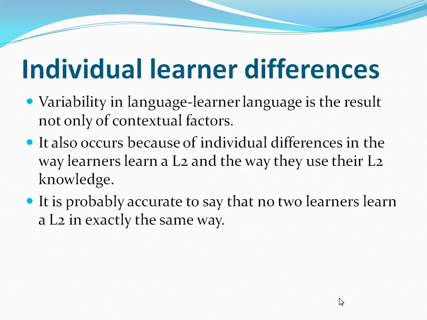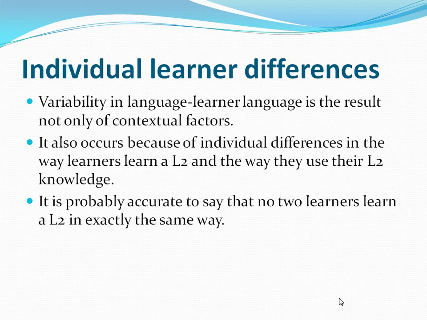Variability in language is the result not only of contextual factors. You can say that yes, it is variable, that means you are learning language in a class, that is the formal setting. Someone may learn a second language or third language watching YouTube videos, or watching movies, or watching news.